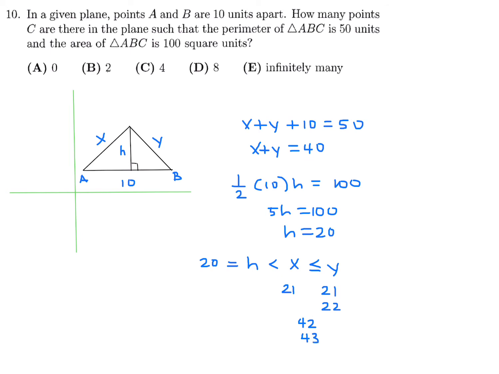So as you can see, it doesn't work. No matter where you put x or y, this system of equations and inequalities will not hold true. So therefore, the answer is 0. No such dimensions can make the information in the question stem hold true. So number 10, the answer is 0, which is A.